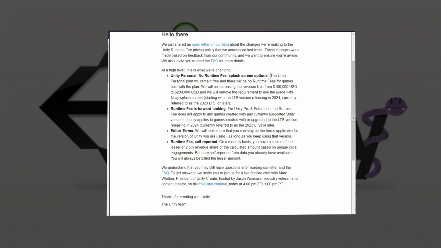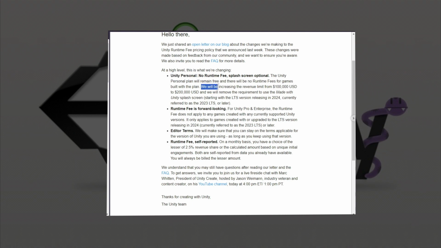And Unity Personal will remain free, that is great, and there will be no runtime fees for games built with the plan. So there will be no runtime fees with Unity Personal.